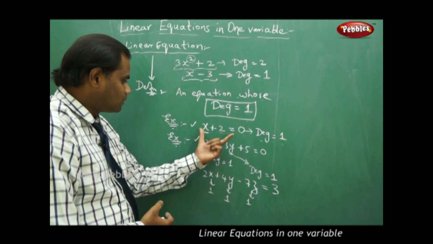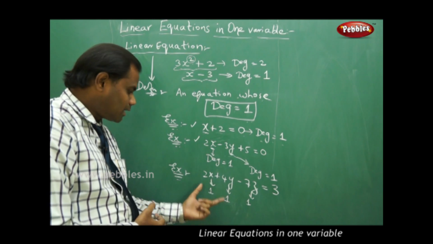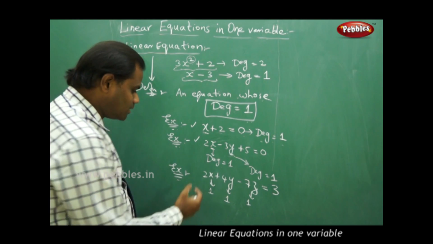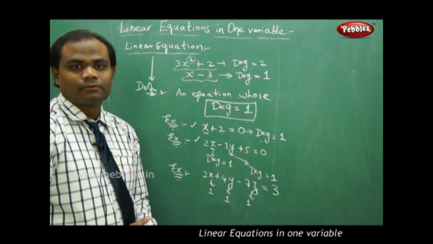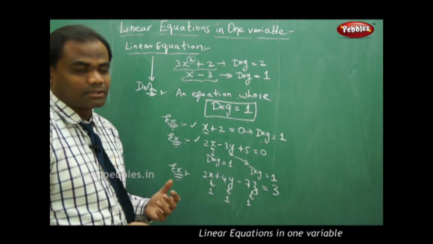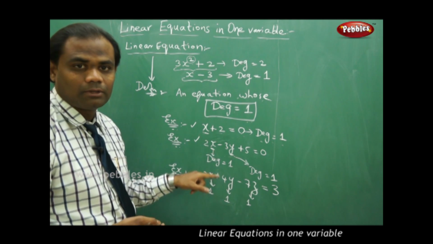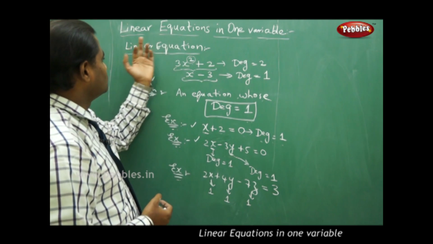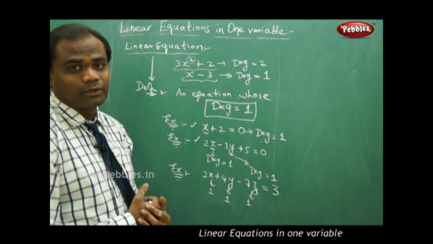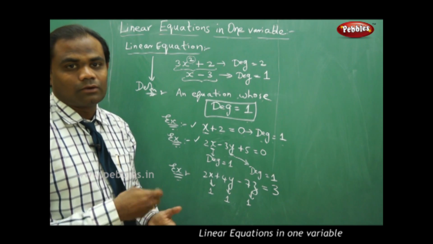Going with the previous two examples, I can call this a linear equation in three variables, the three variables being x, y and z. There are various types of linear equations which can be expressed in different forms, as one variable, two variable or three variable. In this initial session, we are going to discuss linear equations in one variable and how to solve them.